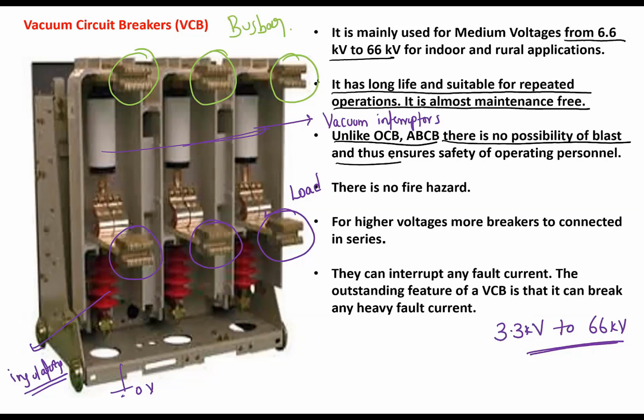There is no blasting that happens in this breaker. So it ensures the safety of the operating person. The person who is operating the VCB is safe, because even if something goes wrong, there will not be any blast or any abnormal breaking of this breaker.